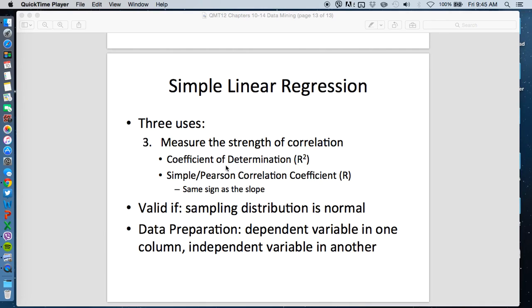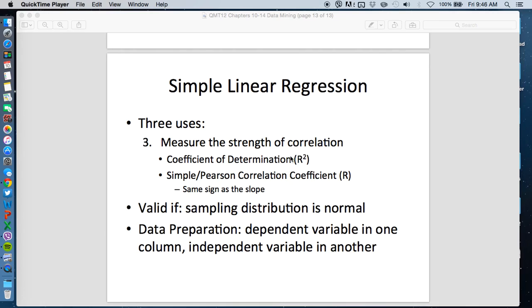Now, the coefficient of determination r squared refers to the percentage or the proportion of the variation that can be explained by the model. So if the r squared is equal to 90%, it means that 90% of all the variation for y can actually be explained by the formula or by the regression model.